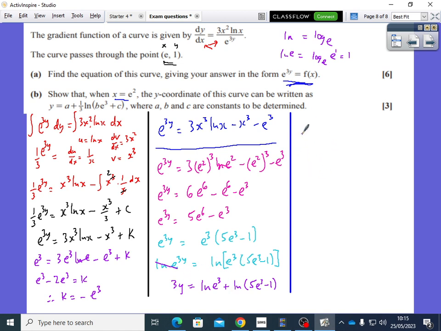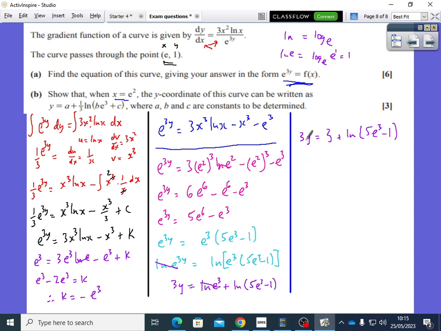So we're going to get 3y equal to, now ln and e will cancel, so that will end up with just 3 on this side, plus ln of bracket 5e to the 3 minus 1. Keep another eye on there, we're almost there.